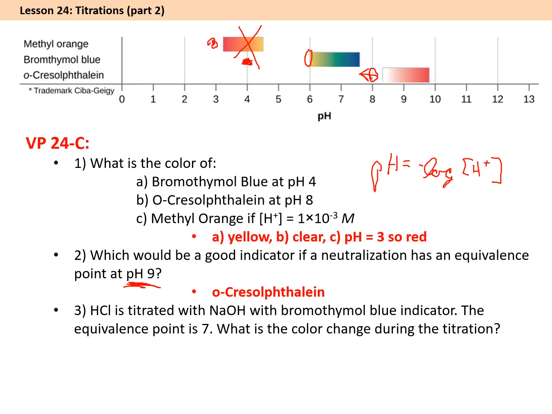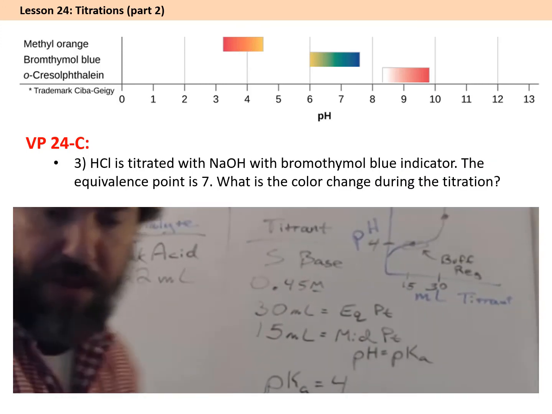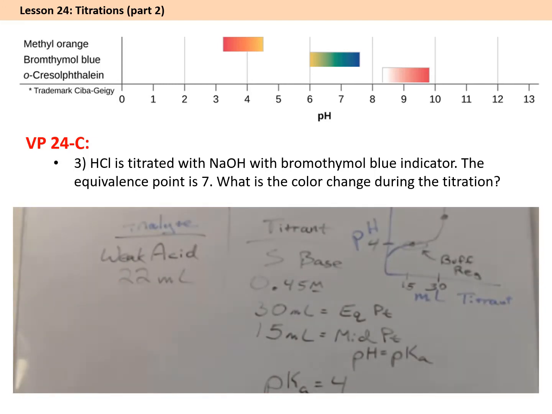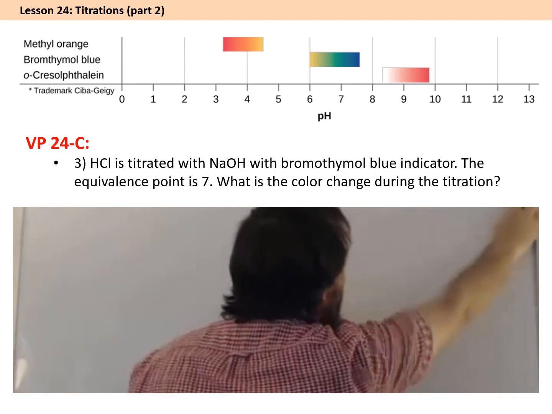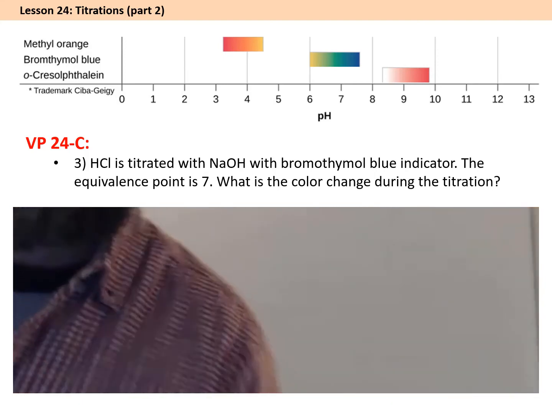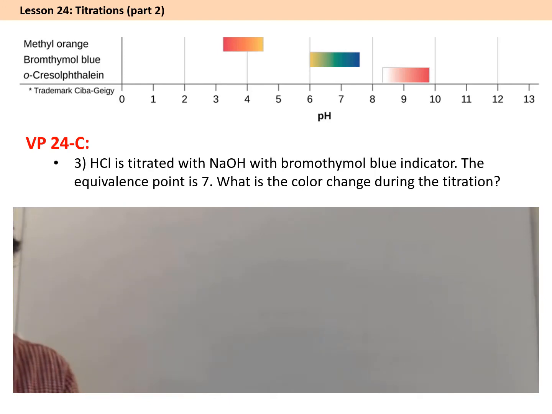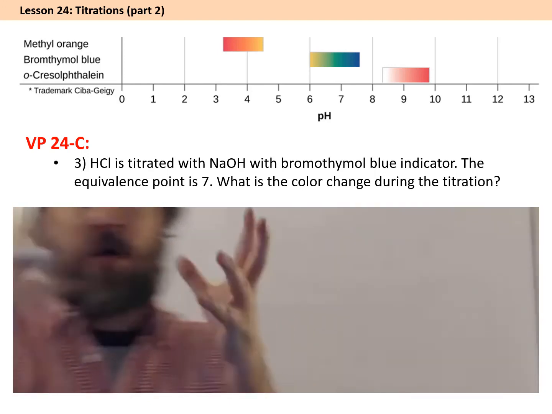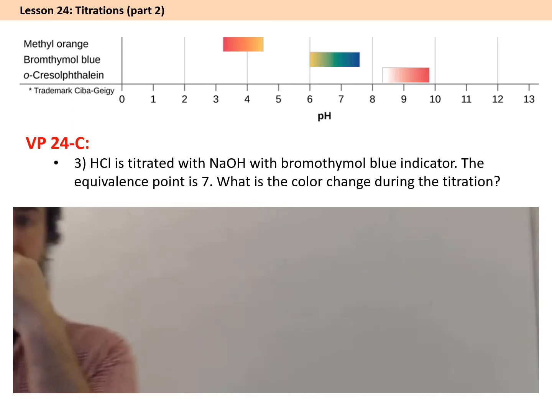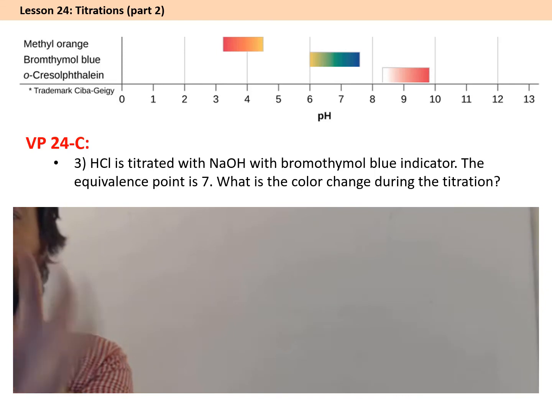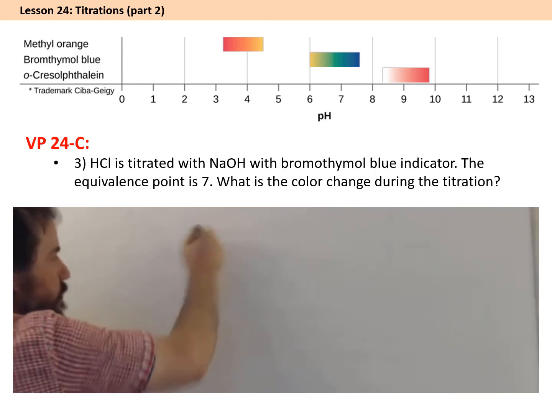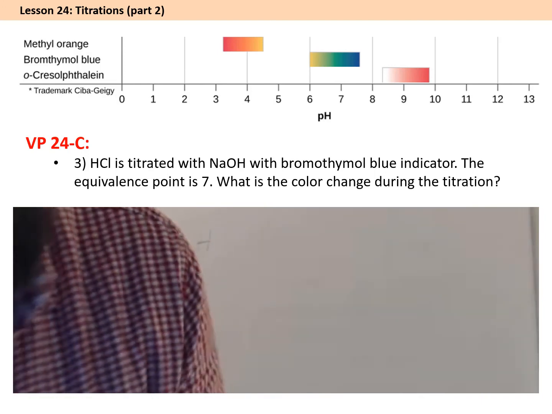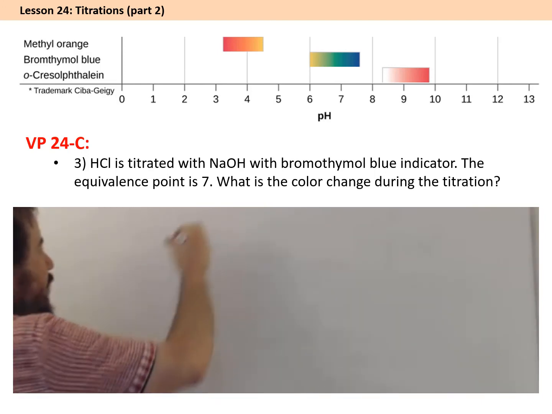So we're asked for HCl titrated with NaOH with bromothymol blue as the indicator. And we're asked what happens to the color change during the titration, right? What does it start off with? What does it change to? Okay, so let's figure out what we're doing. We have HCl, and we're titrating it with NaOH. So that means I'm starting with HCl, and then I'm adding in NaOH.